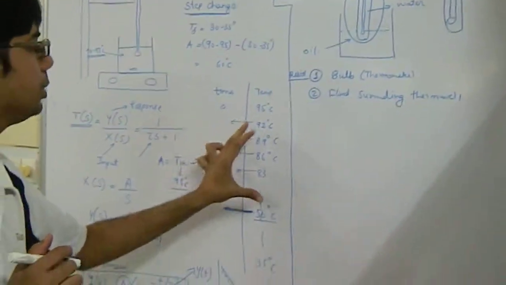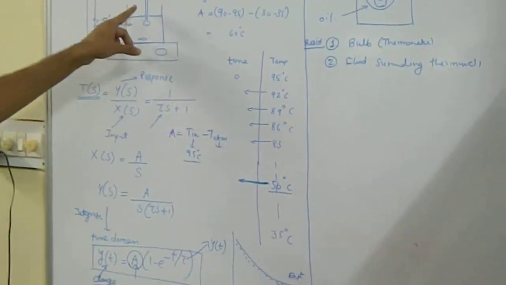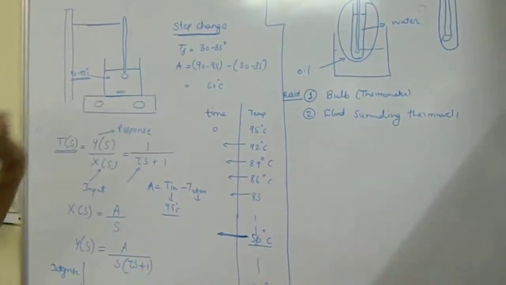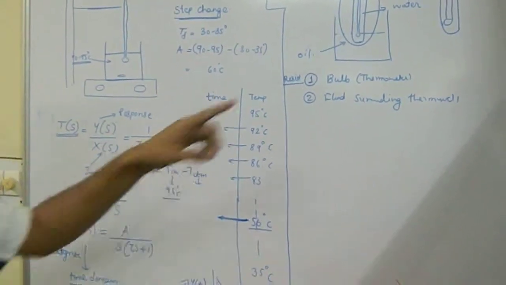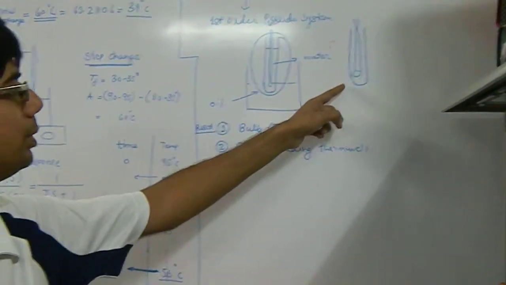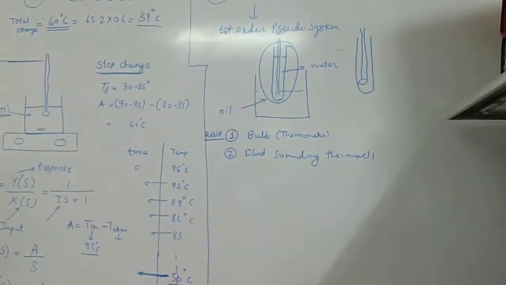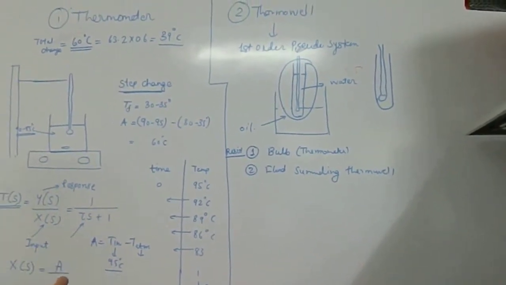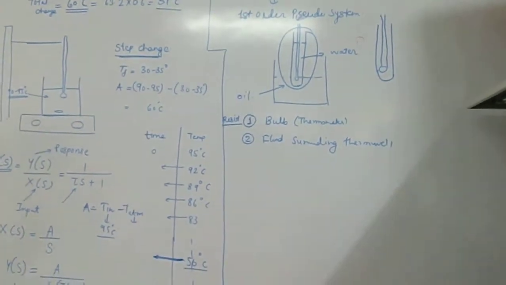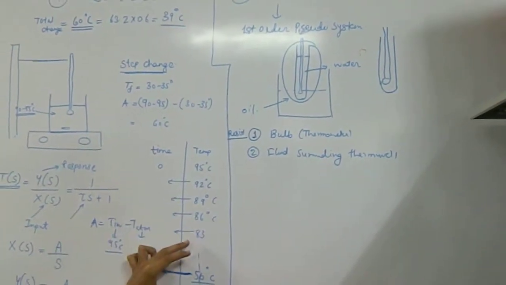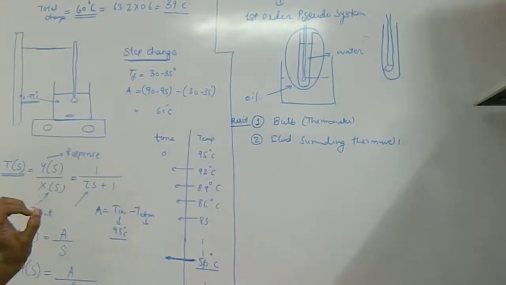So the difference between these two experiments is that you will observe that this temperature starts dropping very rapidly initially. Whereas compared to this one, this temperature will take a little bit of time because of the additional resistance. So you will also plot the same equation and the same system.